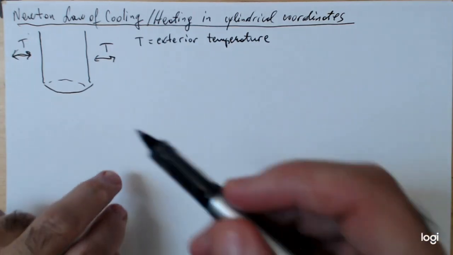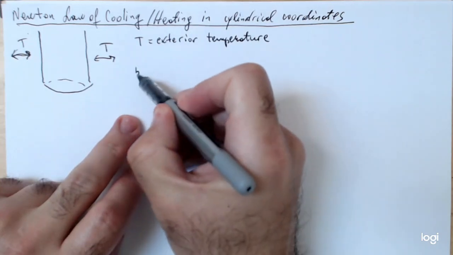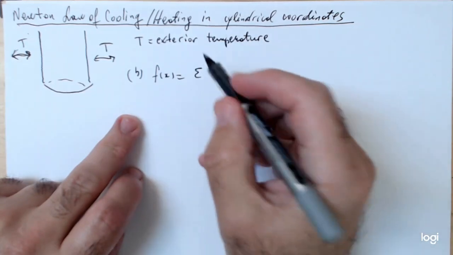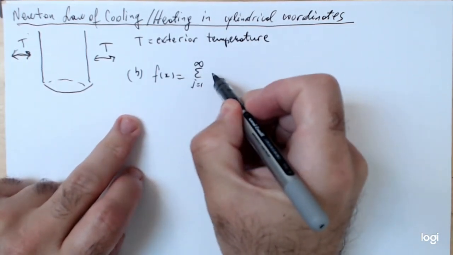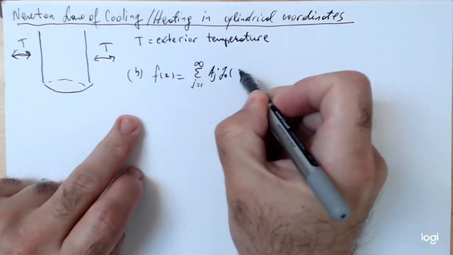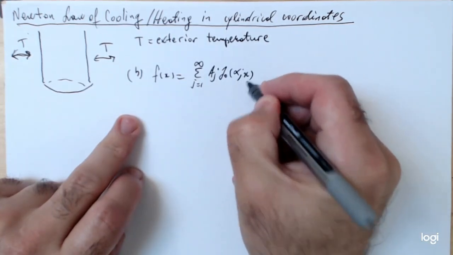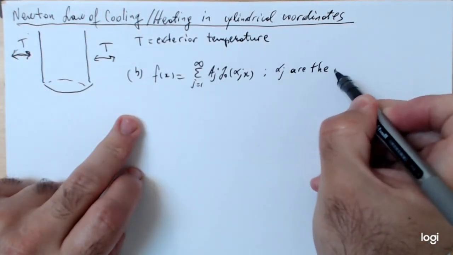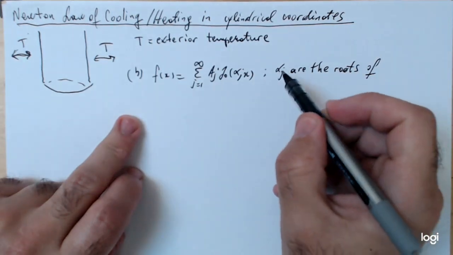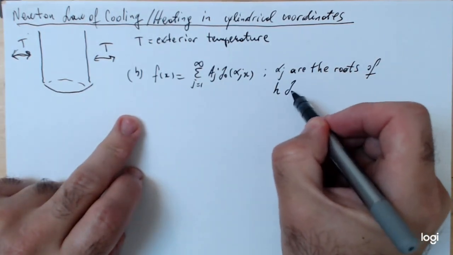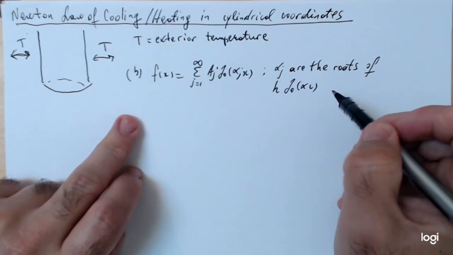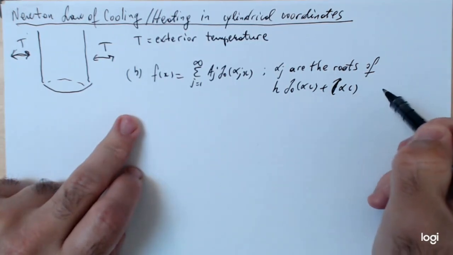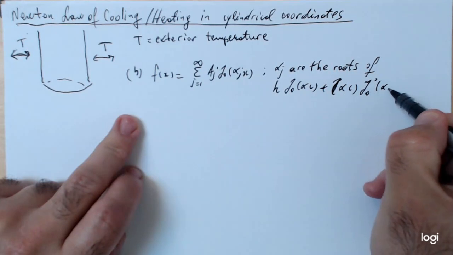The formula sheet says that you could have a Fourier-Bessel representation for a piecewise continuous function, sum from 1 to infinity, in which, first of all, the alpha j are the roots of h times J0 of alpha c plus alpha c times J0 prime of alpha c equals 0.